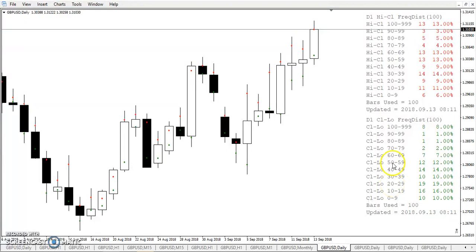Right here, 20 or more pips, and here 17, so that's what, 83% chance of it being 20 or more. So that is why the rat zone works. So I hope that helps.